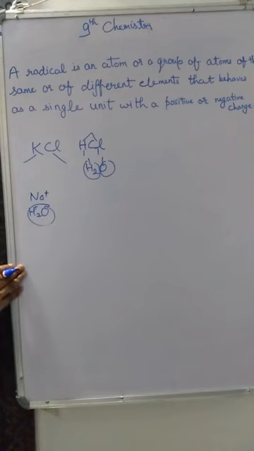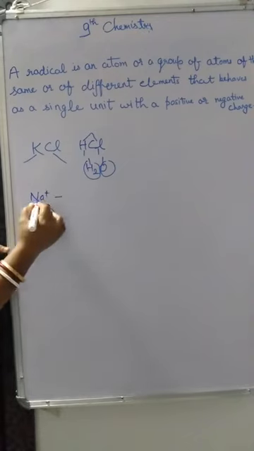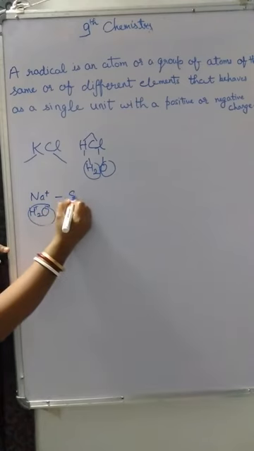Now, a radical is called a simple radical when it is an atom only, like sodium. When it shows only one atom, this type of radical is called simple radical.